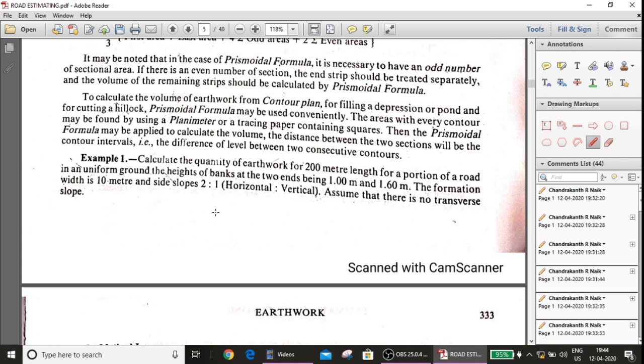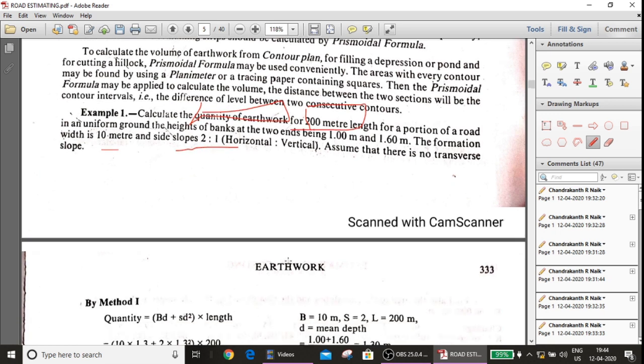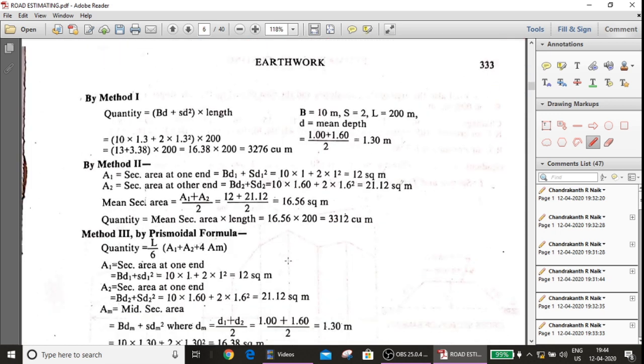Okay, what they have given: the formation width B is equal to 10 meter, side slope S is equal to 2, and length they have given as 200 meter. Now we have to calculate the quantity of earthwork. We'll calculate this by all three methods.